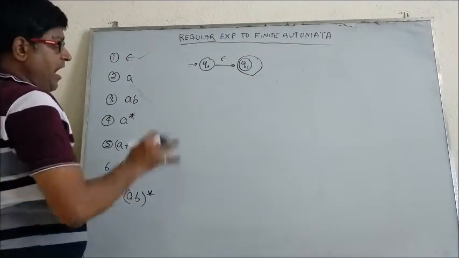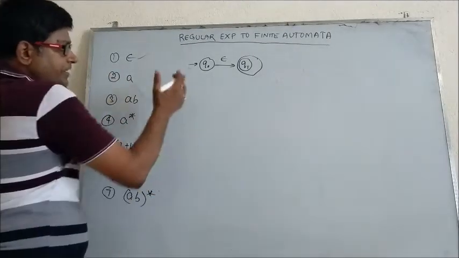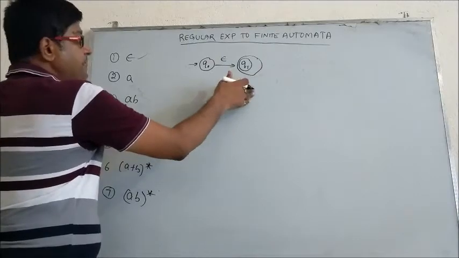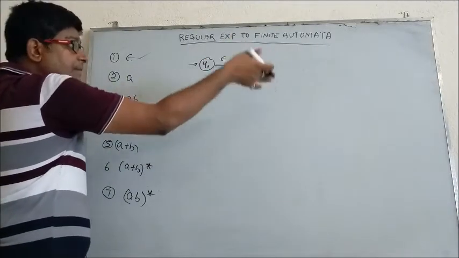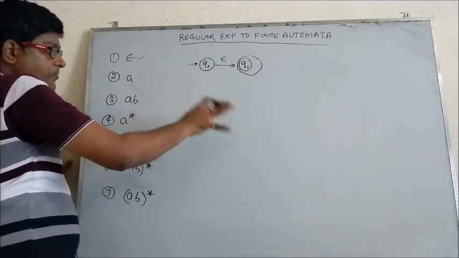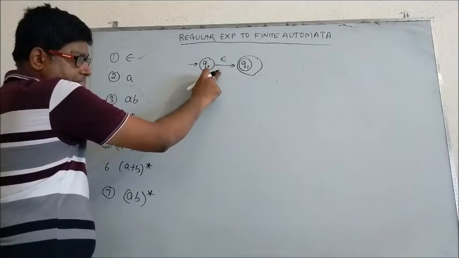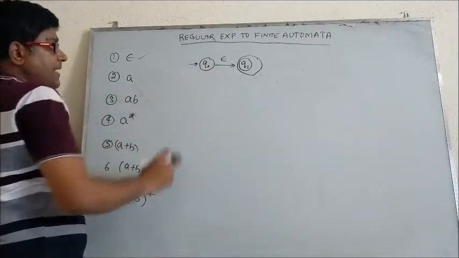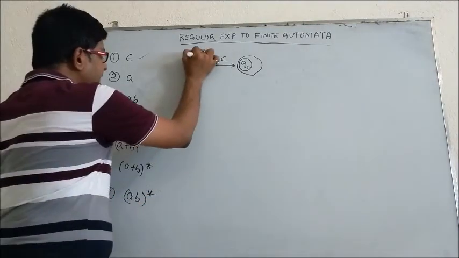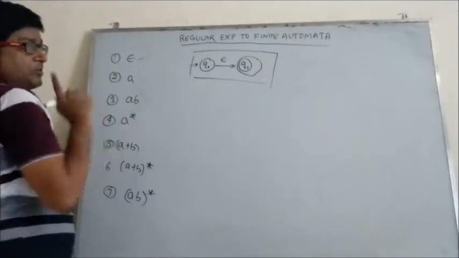Are you getting my point? Without giving input, if I am changing the state from the initial state to the next state, and the next state is a final state, you can think that we are putting the epsilon symbol. That means this machine is known as the finite automata for the epsilon move.